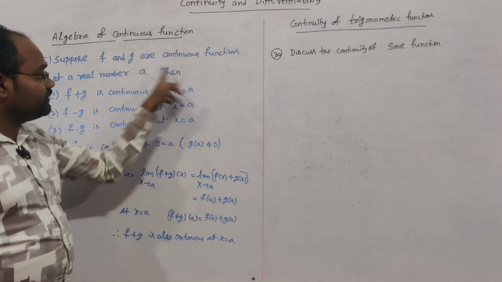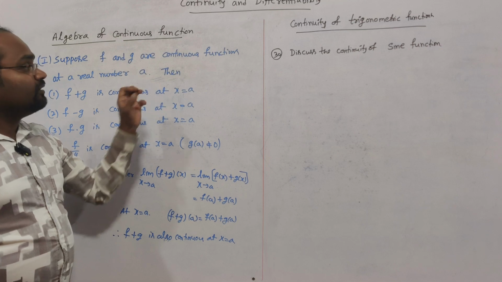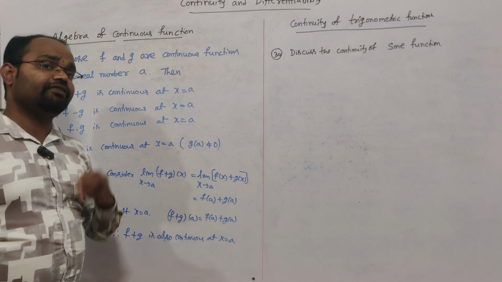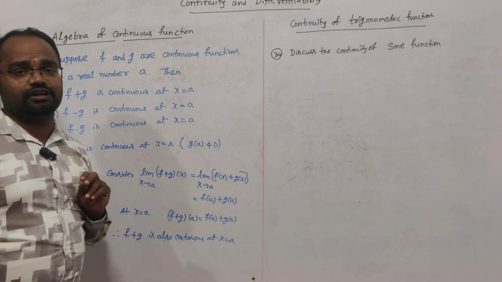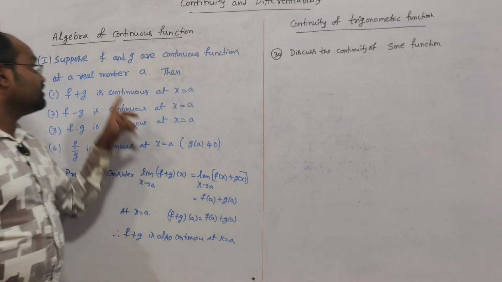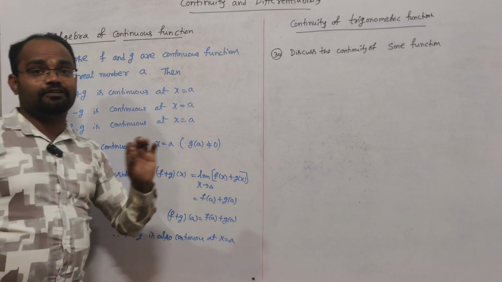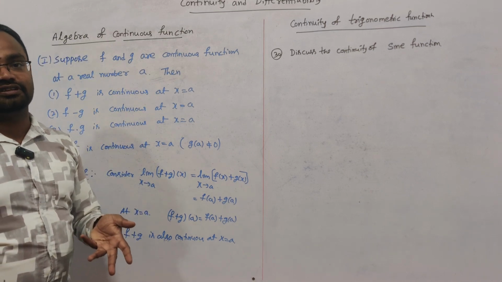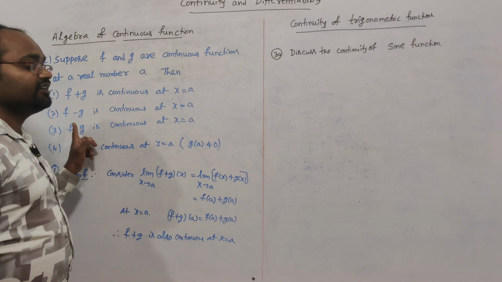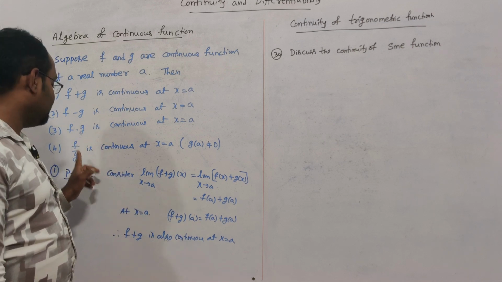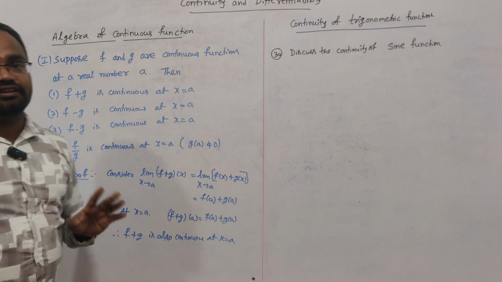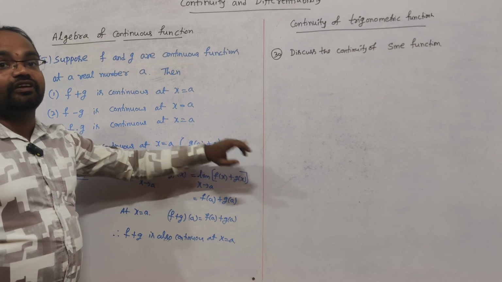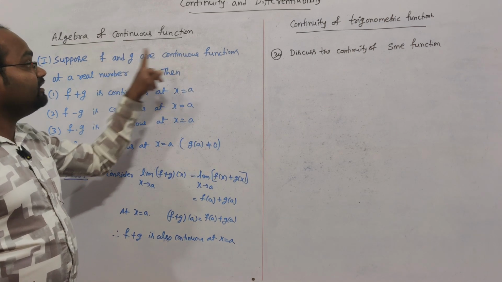This was at x is equal to a, at one point. What is a continuous function? If the function is continuous everywhere in its domain, then it is called a continuous function. Suppose f and g are two real functions defined in the same domain which are continuous functions, then f plus g, f into g, f divided by g, and all these will become continuous functions if they are defined in the same domain.